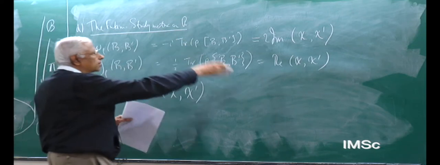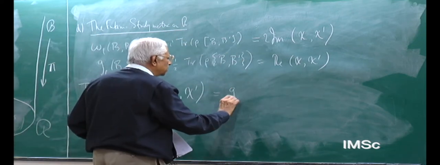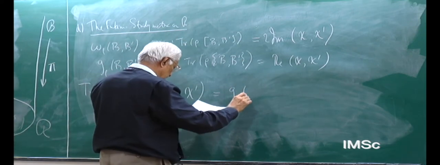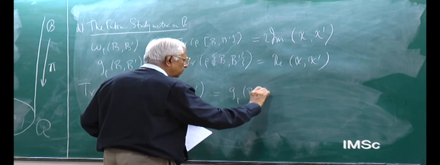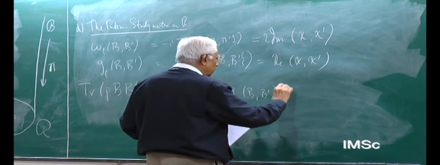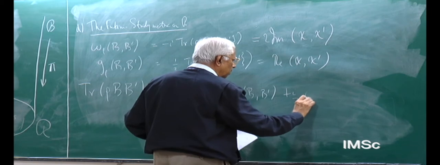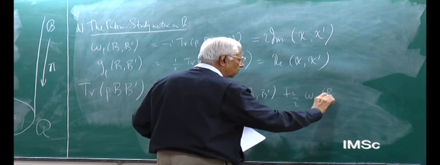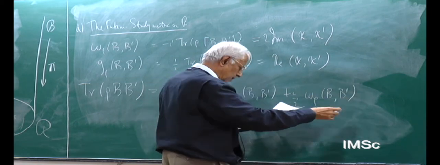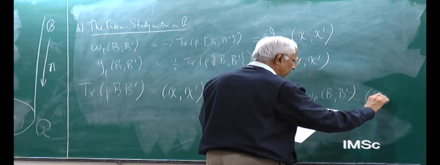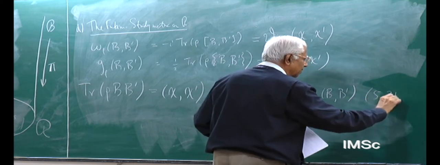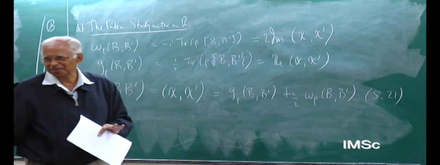And now you put all the things together, it is G of B with B prime plus I by 2 omega rho of B with B prime. This is the master formula, and it is really very beautiful.